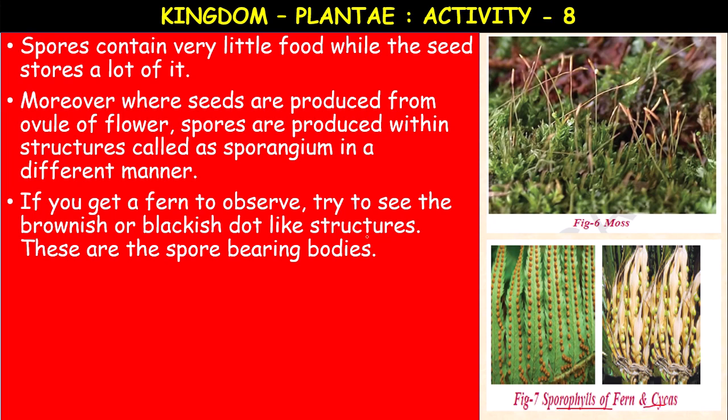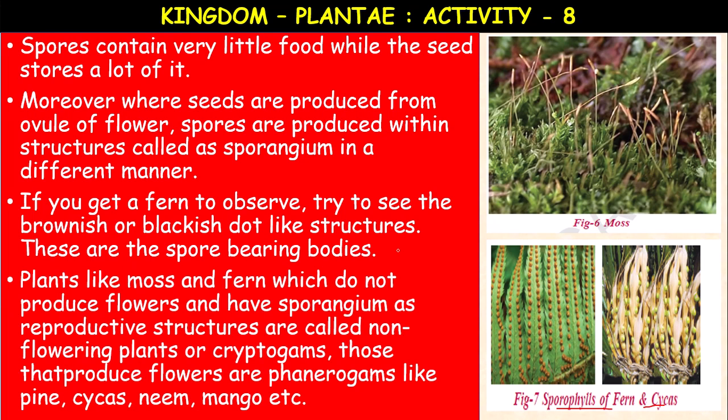This is another plant. So these spores are present in the moss plants as well as in the ferns. The plants like moss and fern which do not produce the flowers and have sporangium as the reproductive structures are called non-flowering plants. It is very important.